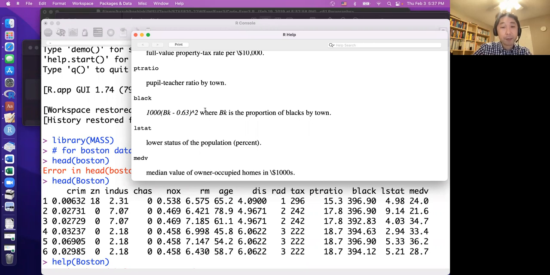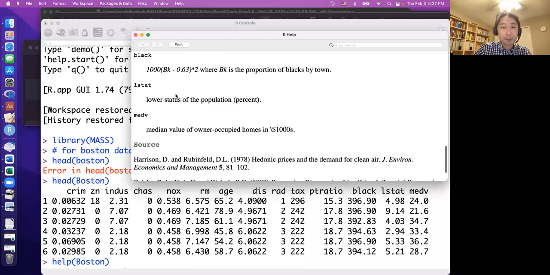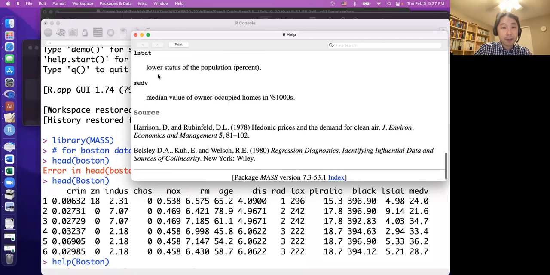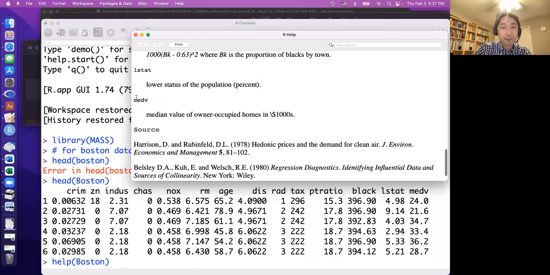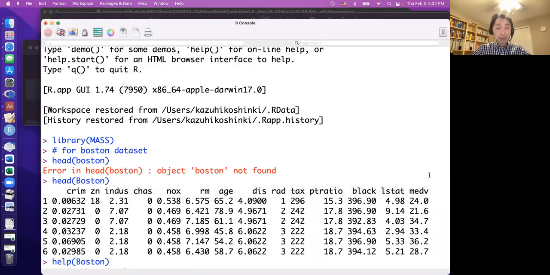I'm not sure, but basically the distance from 63%. I don't know why this variable is used. LSTAT is the lower status of the population percentage. It certainly explains the median value, may not affect it. But yes, these are the variables. So our objective is to make a model to explain the median value of the house.